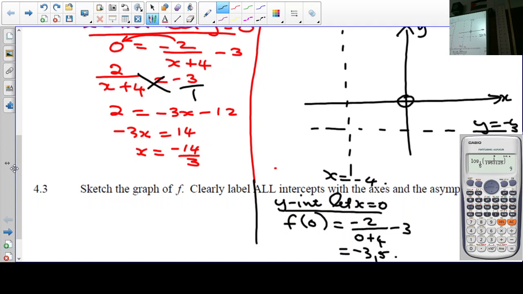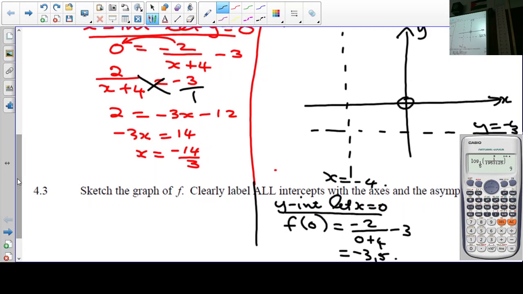I always tend to write it in decimal or in mixed fraction form so that you can see clearly the whole number there. Okay? So negative 3.5, if this is negative 4, negative 3.5 on your y will be there. Not so? Nope, I made a mistake. Oh, is this your y-intercept?